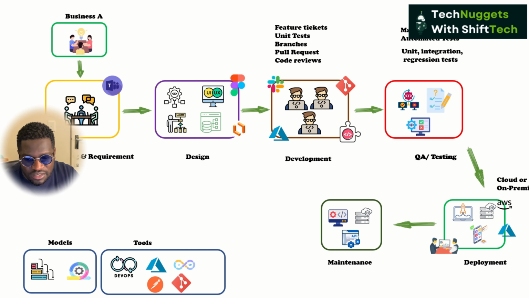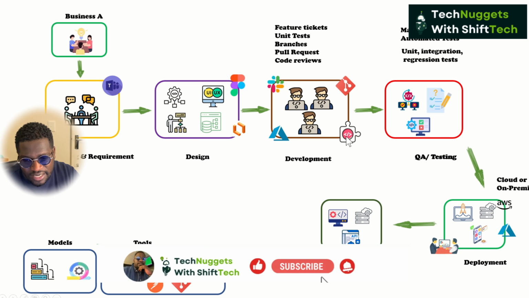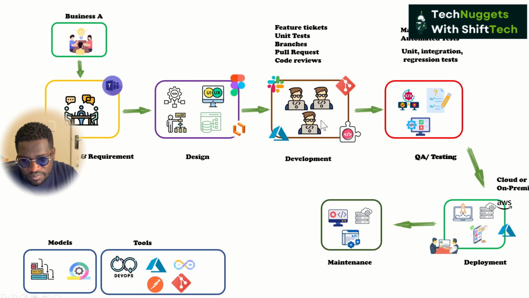Then after that you merge, etc. I think probably next week I'll create another video which only speaks about Git and how it's used, right? Then you also undertake unit tests here. For each developer you need to do your unit tests before you commit or before you merge to the main branch. You also have Azure DevOps. This is a project management tool that is widely used by many companies when they're doing their projects, right?